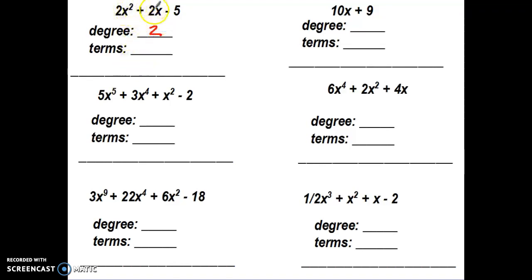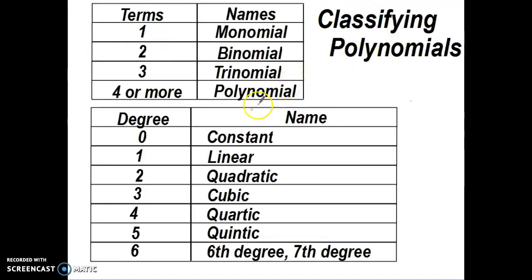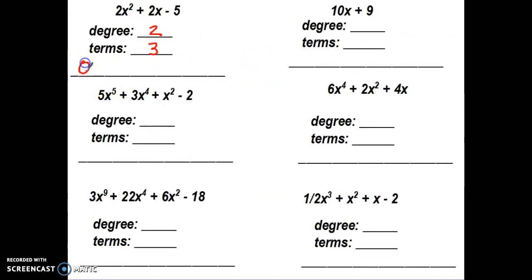And then there are 1, 2, 3 terms. So 2 degrees, 3 terms. We start off with the degree first. 2 degrees is quadratic. 3 terms is trinomial. So we will call this a quadratic trinomial.